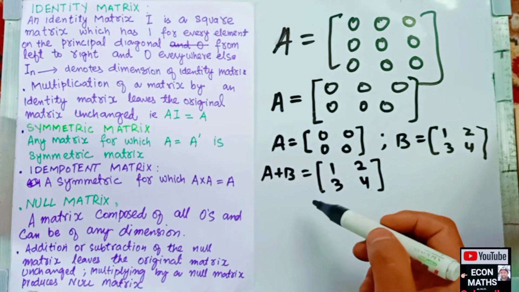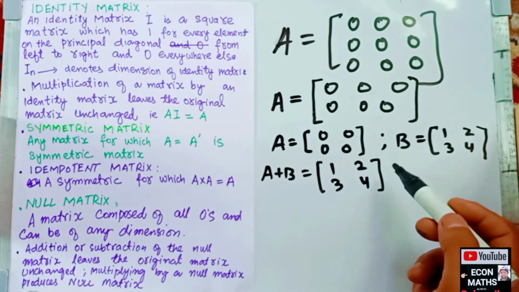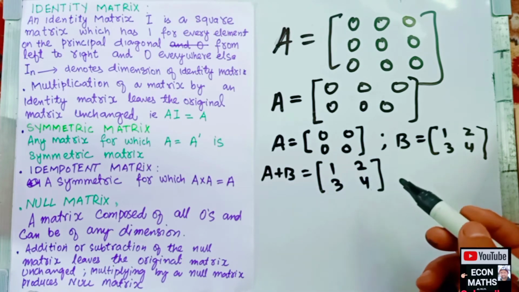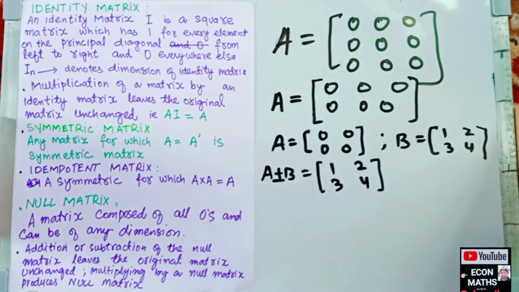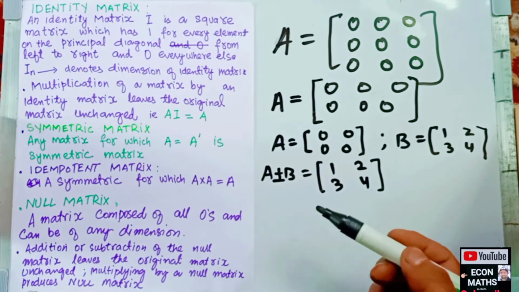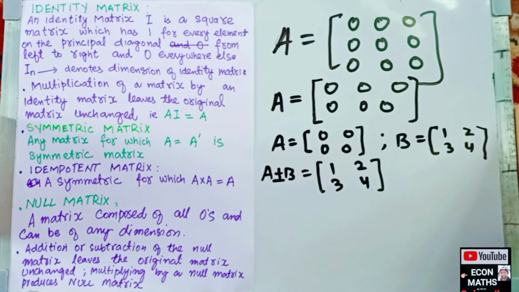So adding a null matrix to any matrix leaves the original matrix unchanged. Similar is the case with subtraction. But multiplying by a null matrix produces a null matrix.